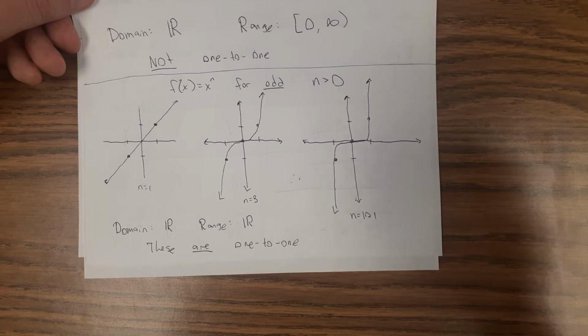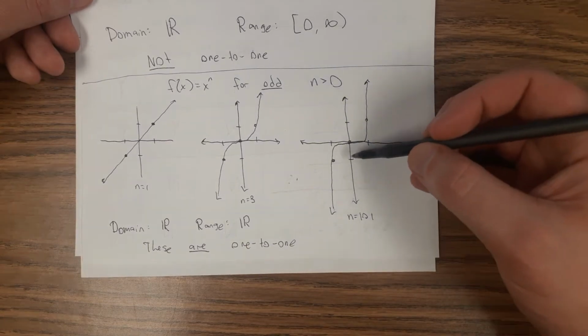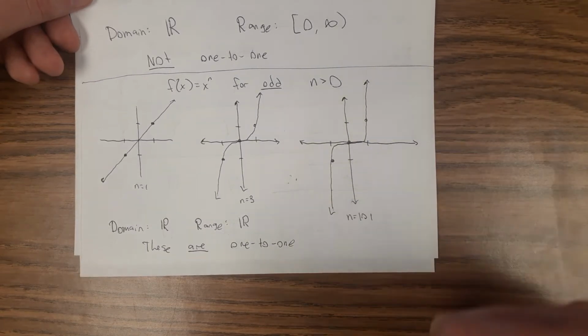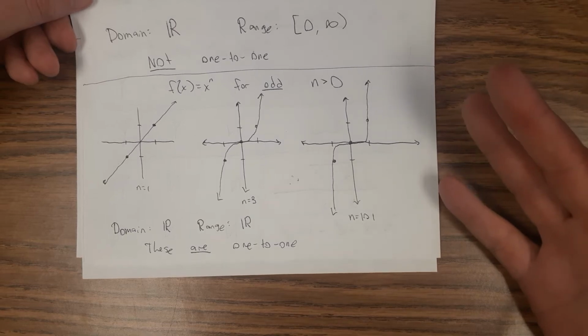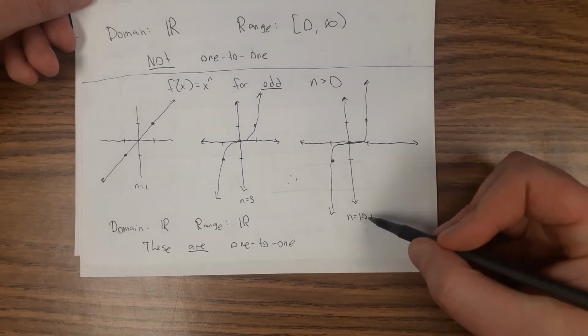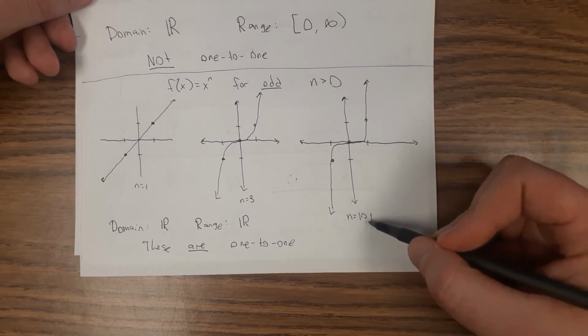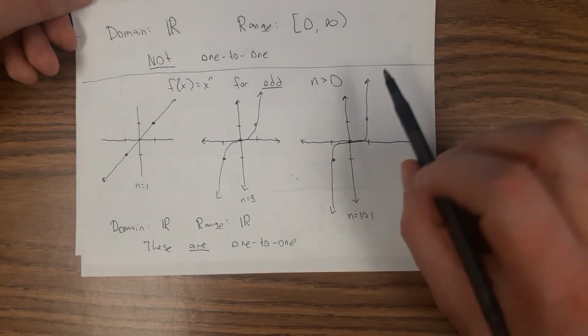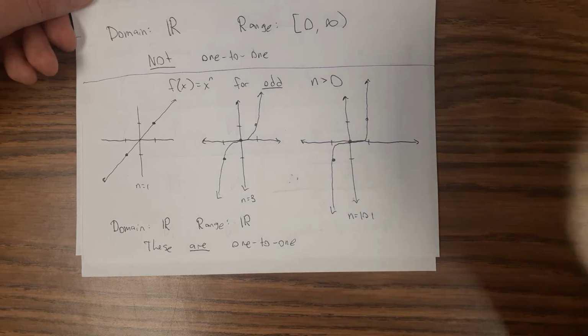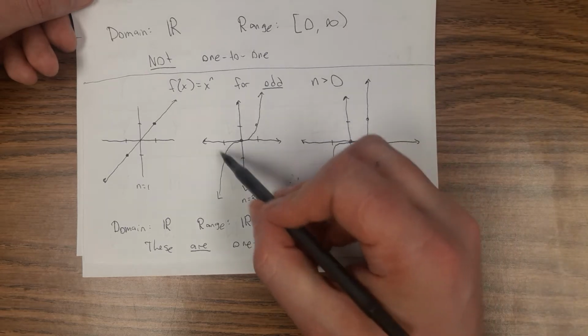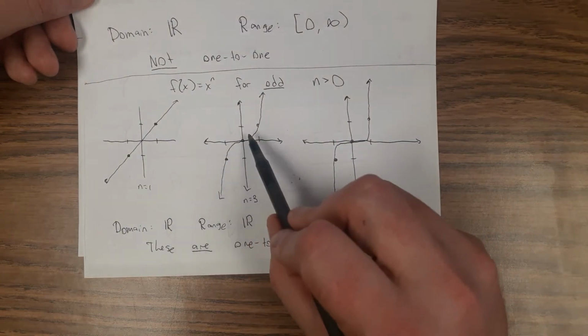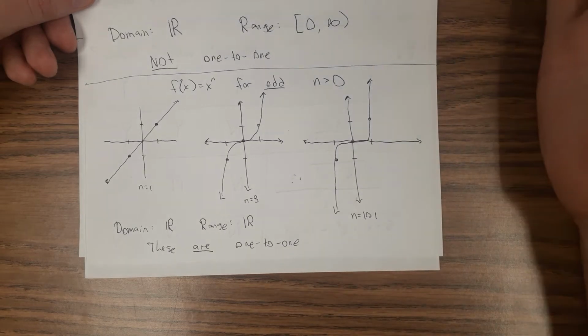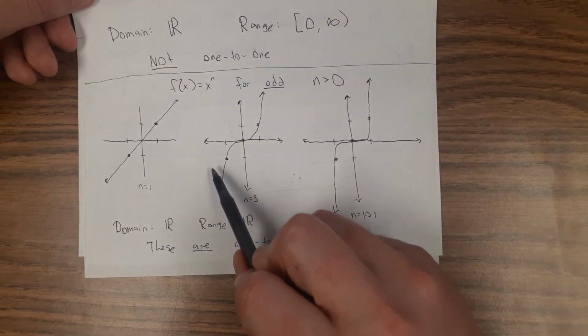And then for larger values of n, what you see is kind of analogous to what we talked about before. Here I chose a pretty large odd value of n, 101. And what it looks like is kind of just a sharper, exaggerated version of this graph. This graph, roughly speaking, is always on its way up.